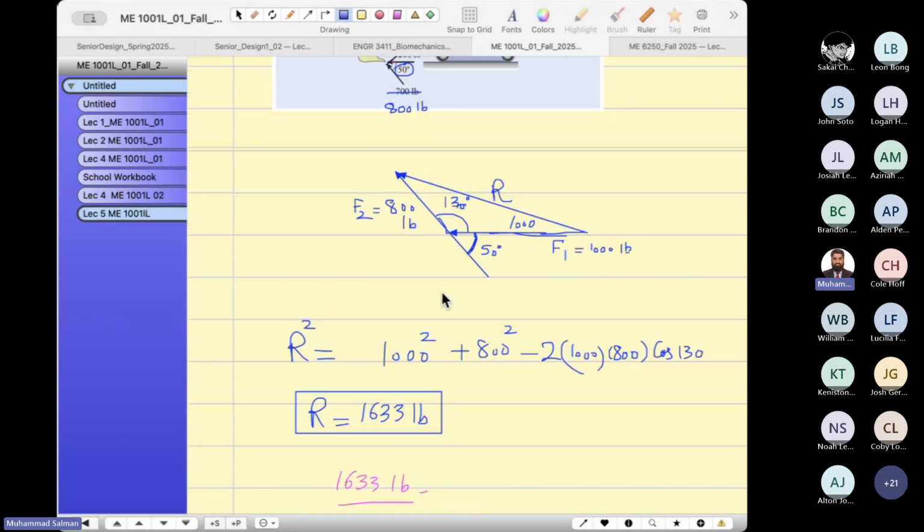Now let's find what this angle theta is, with the horizontal.